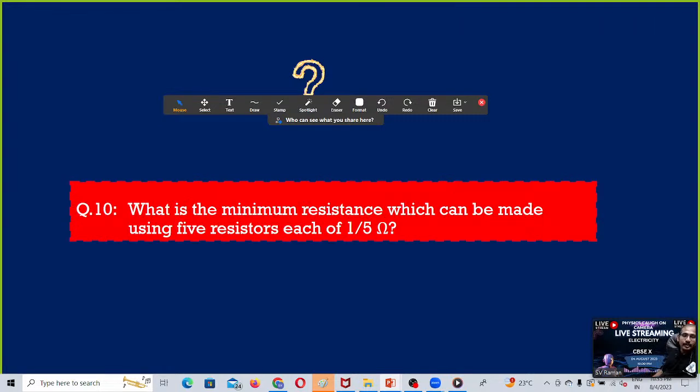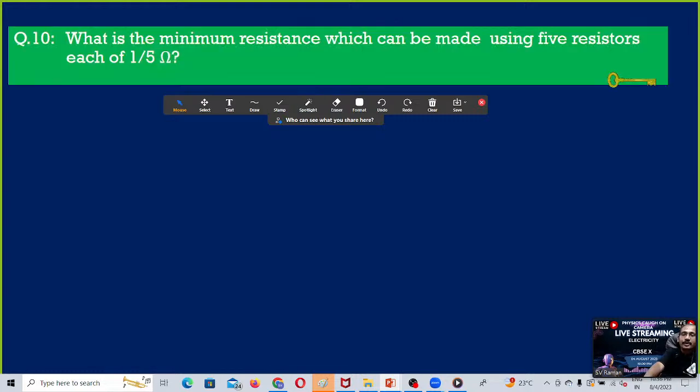Now this is the most important question. What is the minimum resistance which can be made using 5 resistors, each of 1/5 ohm? Now each resistance value is 1/5 ohm.